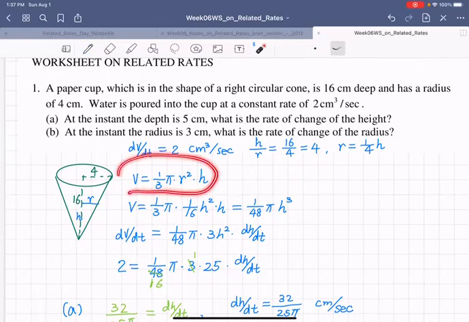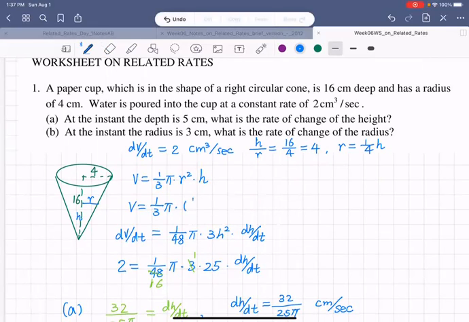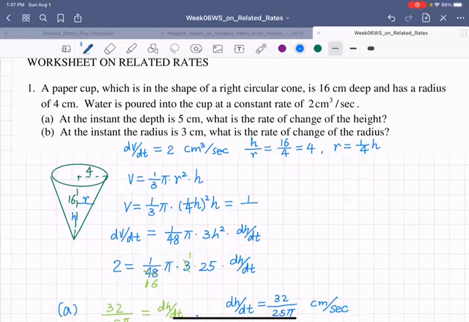So in this volume formula, we can plug this in. R squared is 1/16 H squared. So V equals 1/3 pi times 1/16 H times H squared, which is 1/48 pi h cubed.